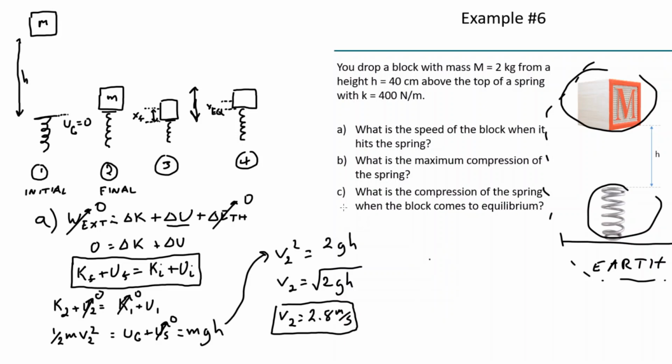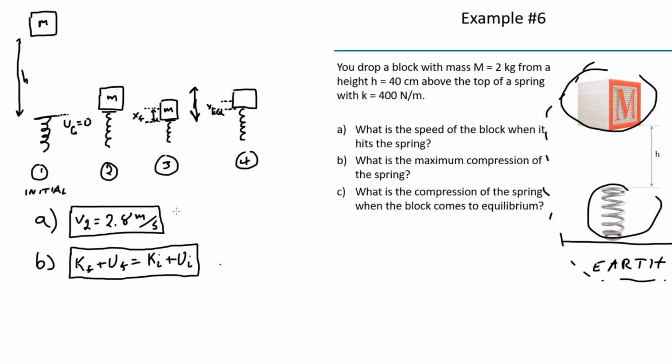Now, part B, what is the maximum compression of the spring? Well, to find the maximum compression of the spring, we're going to still need to use conservation of energy, but now we're going to think about what happens when the block reaches this position 3 here, and the spring is compressed by the greatest possible amount. All right, I moved things around a little bit to clear up some space.